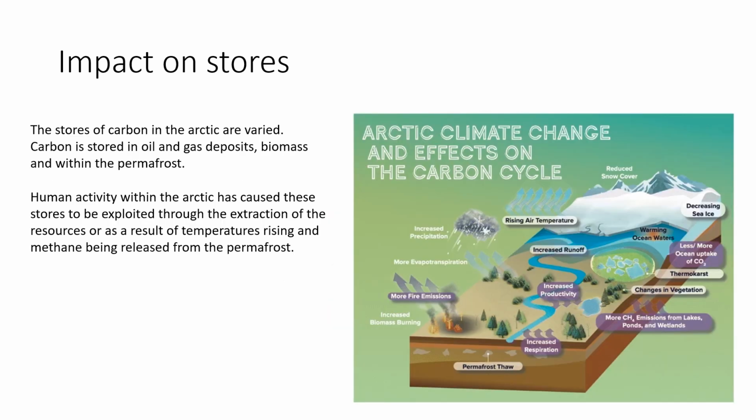And the carbon that's stored within that permafrost is being released. Carbon that's stored within any ice is also being released, as that ice is melting. So we've got a change in the stores. In summary, for both the water and carbon cycle, the processes and flows are increasing, the stores are decreasing.